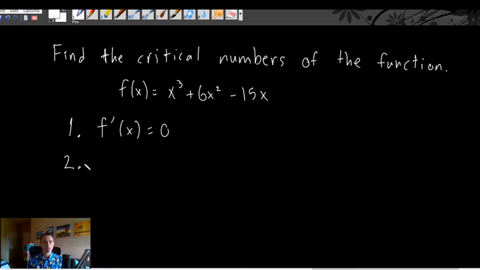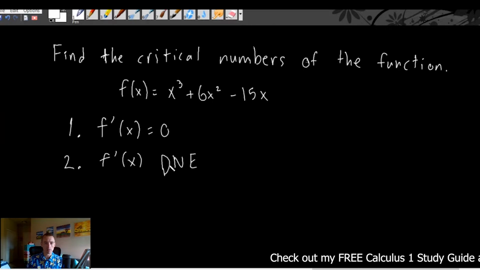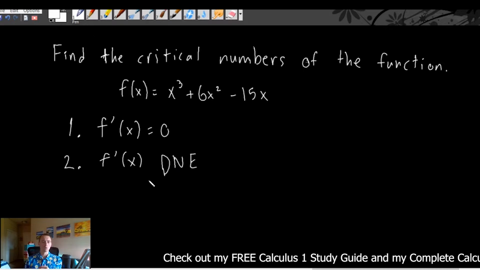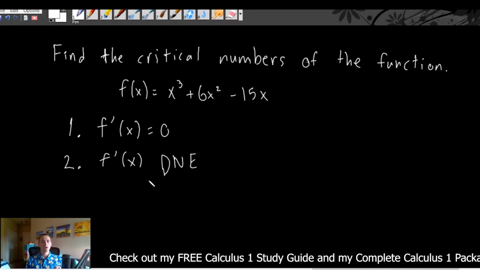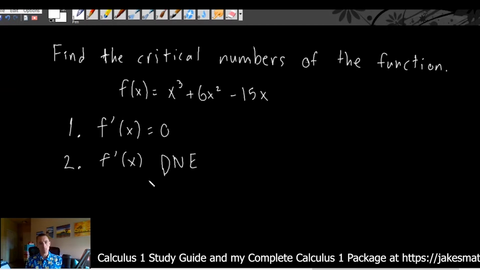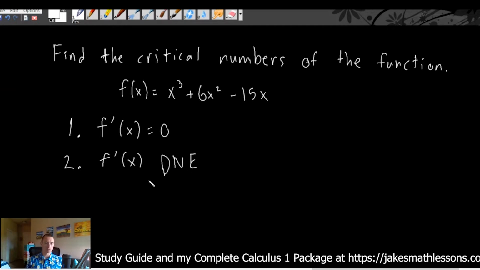The second condition that can create a critical number is wherever f prime of x does not exist. That's a common one that people miss. Not only can you find a critical number at a place where the derivative of your function equals 0, but also where your derivative does not exist.